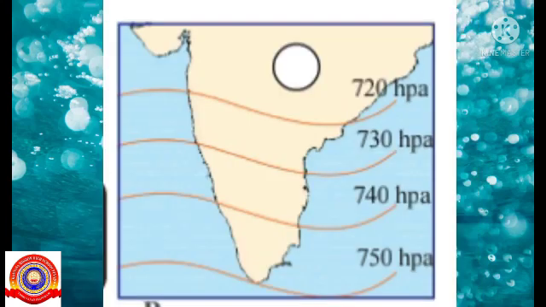Similarly, isobars are the imaginary lines joining places having the same atmospheric pressure. We can easily understand the distribution of the atmospheric pressure of any region by observing the isobars.